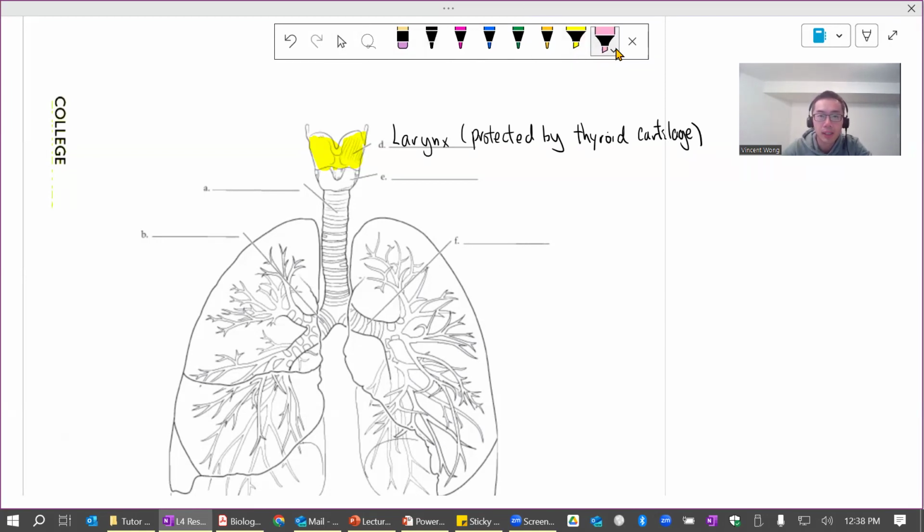Now, there's another cartilage here. We labeled this last class. Okay, that's actually like a transition that goes to the trachea over there. And this is called the cricoid cartilage.